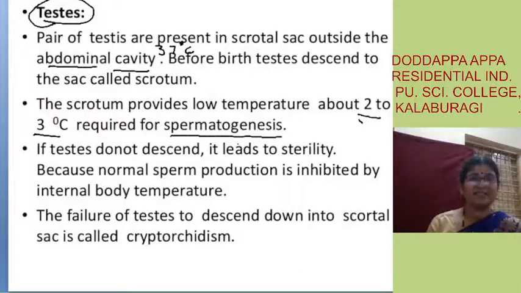If for some reason the testes fail to descend into the scrotum, then that child will become sterile in future, and the normal production of sperm will be inhibited because of the body temperature. This phenomenon where the testes fail to descend into the scrotum is called cryptorchidism.